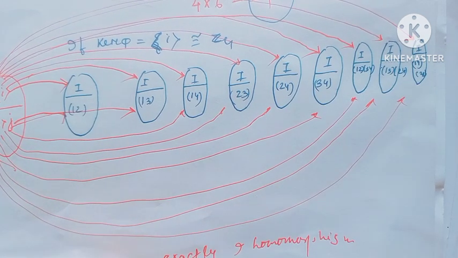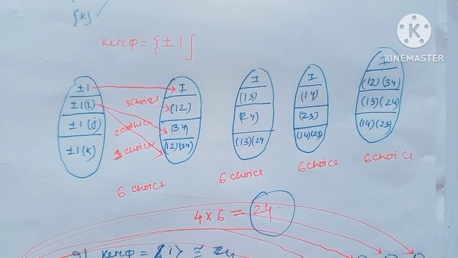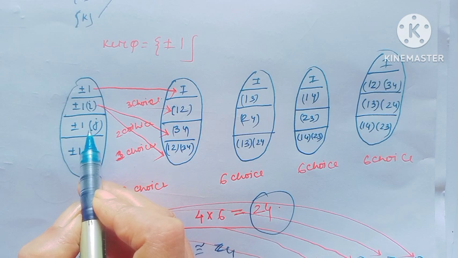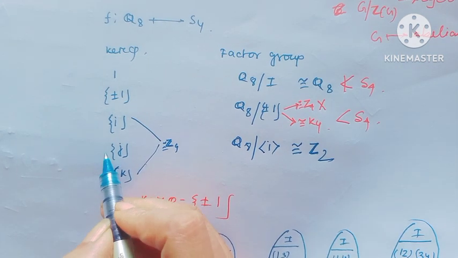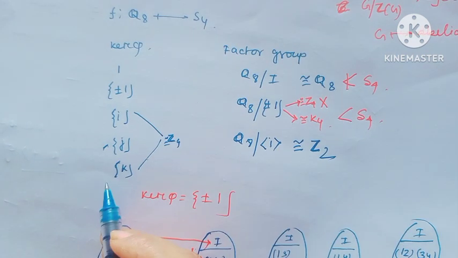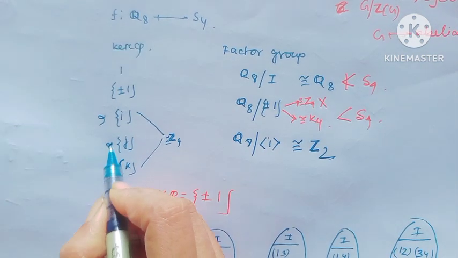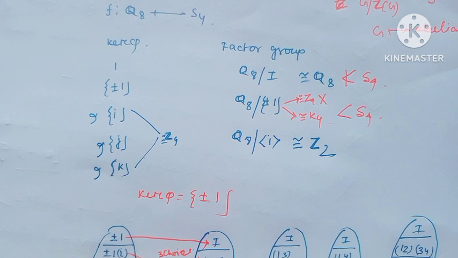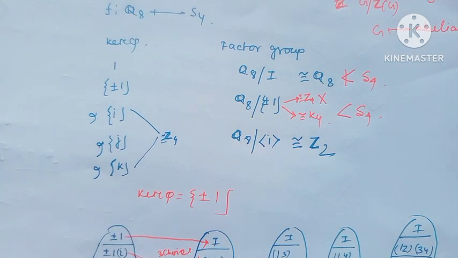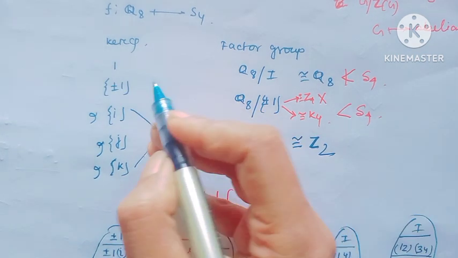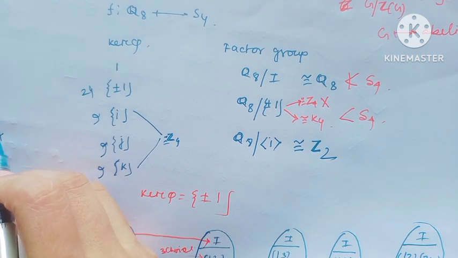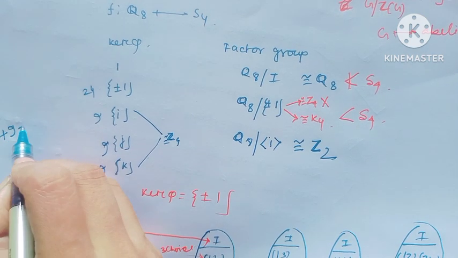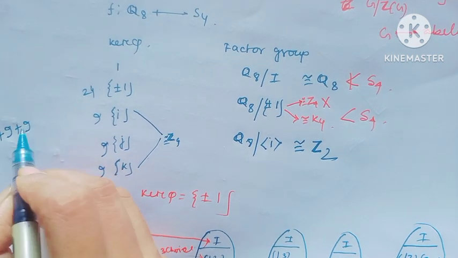Similarly, I will get 9 homomorphisms for the cyclic subgroup generated by j and the cyclic subgroup generated by k. That means here 9 homomorphisms, here 9 homomorphisms. So the total number of homomorphisms: I have got 24 homomorphisms for plus minus 1, that means 24 plus 9 plus 9 plus 9.